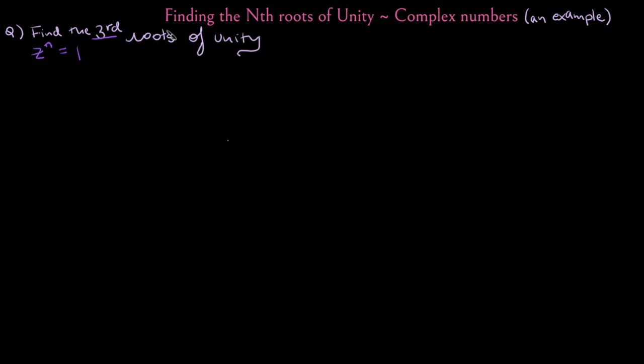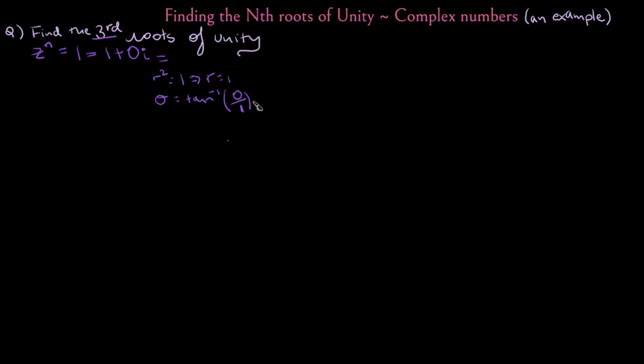And we also note that we can write out 1 as 1 plus 0i, so we're writing its complex number representation. And if we were to write the exponential complex number representation of this number, of course we know r square is equal to a square plus b square, so r square is 1 square, which implies that r is 1. And we know that theta is equal to tan inverse of b over a, which is 0 over 1, right?